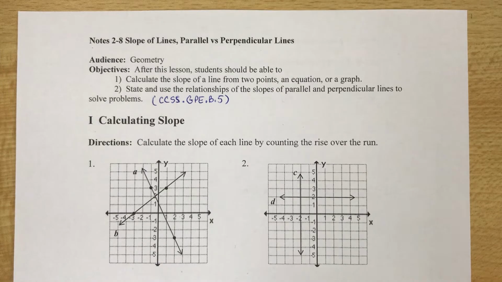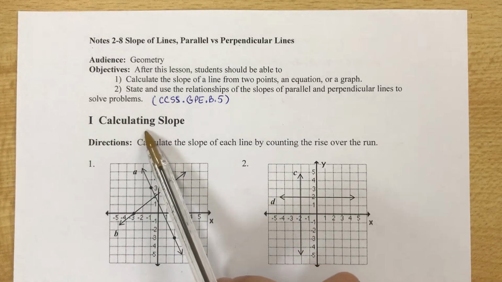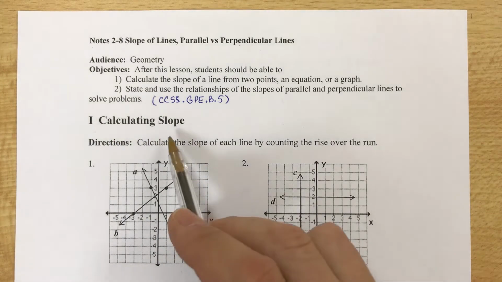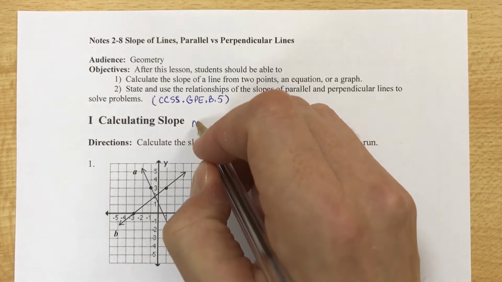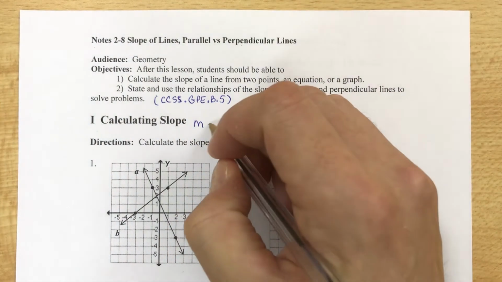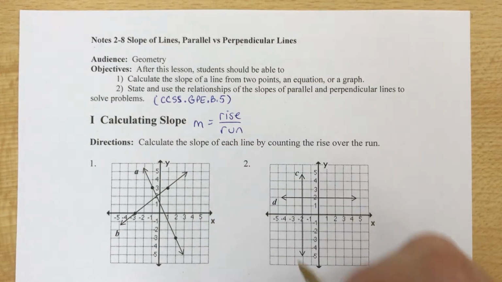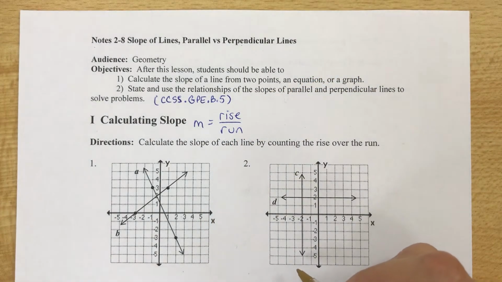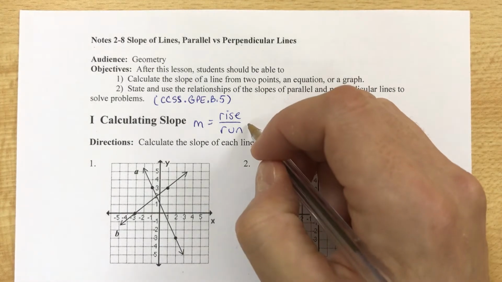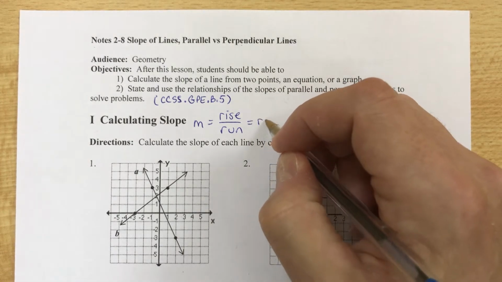Nobody. All right, so the first thing we'll do is a review of calculating slope. At some time you may have been told slope, we use lowercase m, is equal to the rise over the run. When you think of that rise and run, I'm also going to talk about the rate of change.